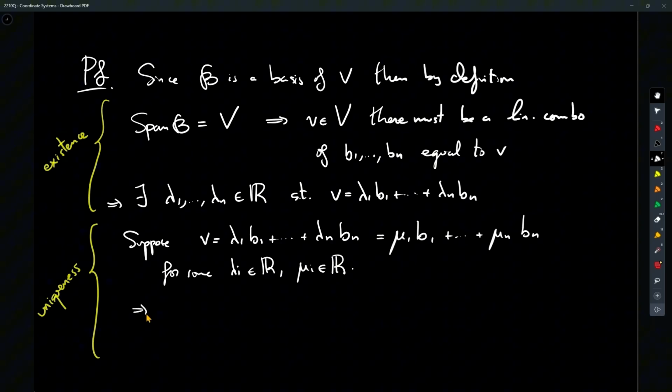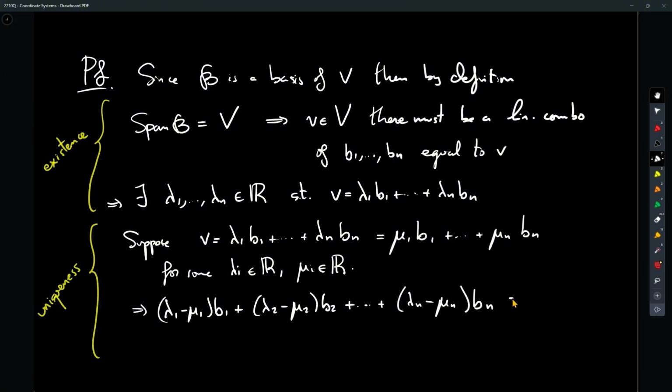Then I can put oranges with oranges, so the B1s with the B1s. So I'm going to bring this expression to the left-hand side, and that would give me, if I take a common factor of B1 in the scalars, lambda 1 minus mu 1 times B1 plus lambda 2 minus mu 2 times B2 plus ... plus lambda n minus mu n times Bn is the zero vector.